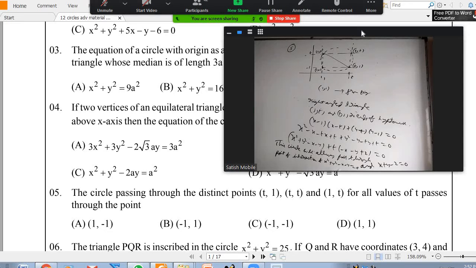When you solve these two, you are getting only (1, 1), or anything else? Only (1, 1). So this line is touching the circle. If they had two points of intersection, there should have been two answers, but here only one answer.